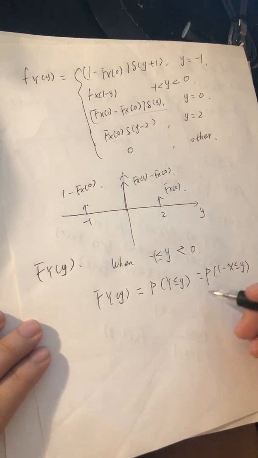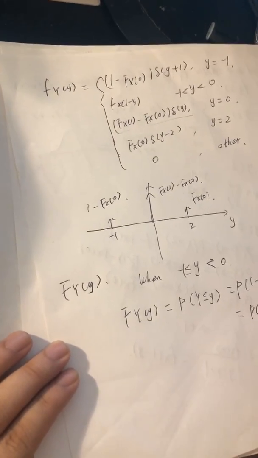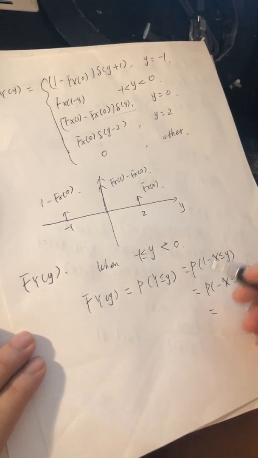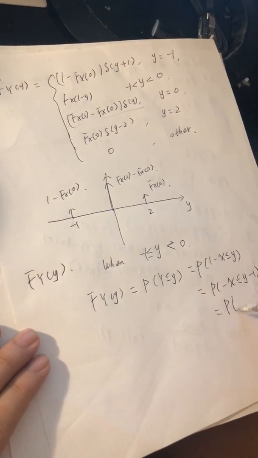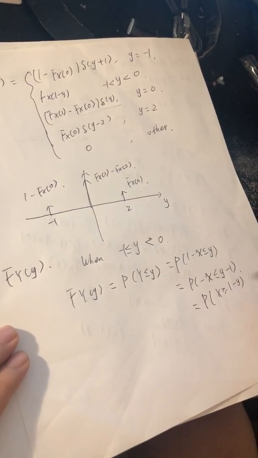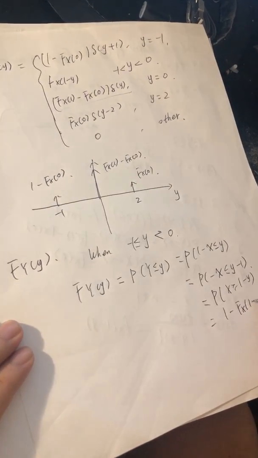For this, we can calculate the probability of X greater than 1 minus y, and this will give us 1 minus F_X(1 minus y).